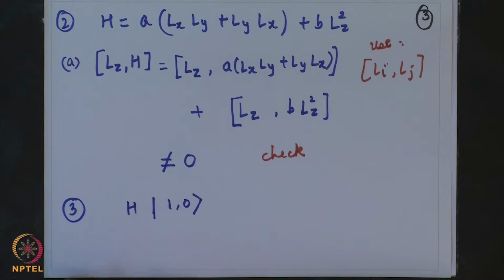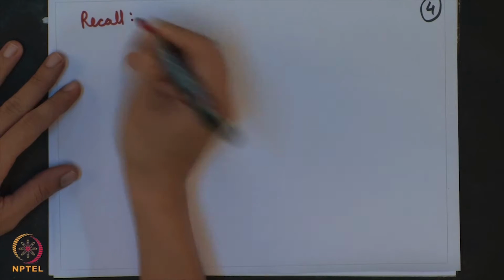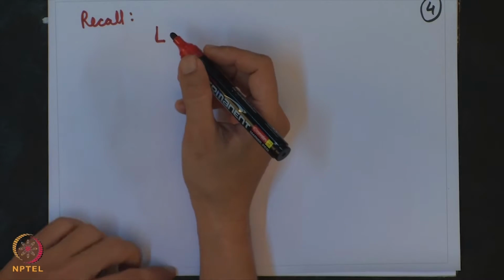So, for that, just try to recall that it is very convenient to use ladder operators while doing such calculation. You have learnt ladder operators for angular momentum, you can write them as L plus and L minus in terms of Lx and Ly.